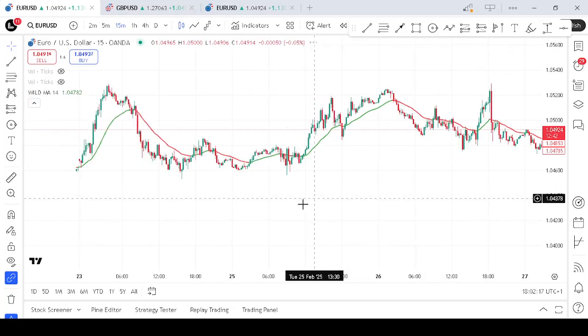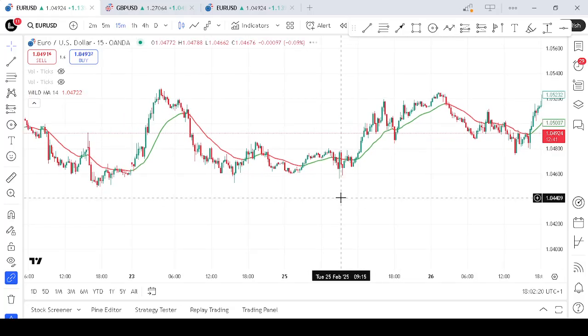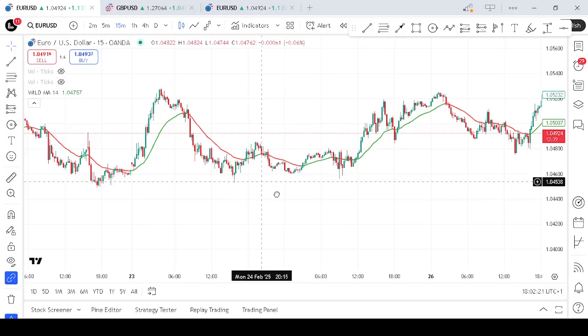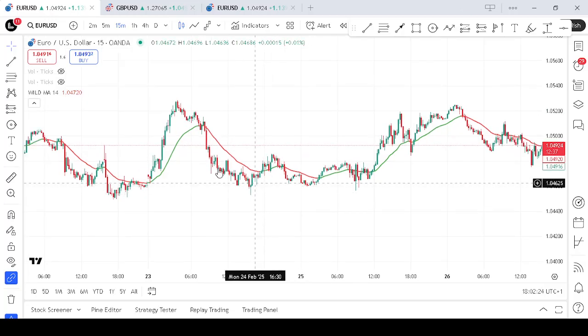The formula for the Wilder Moving Average is designed to smoothen out price data over a specified period, providing a clear picture of the market direction.